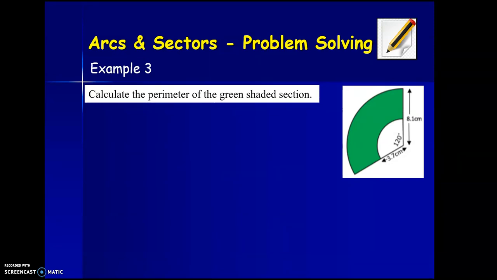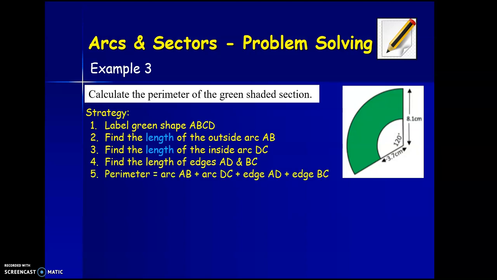Our last example, example 3, we have been asked to calculate the perimeter of the green shaded section. So remember, perimeter is the total distance around the outside of a shape, so we want to get the total length around the outside of this green section. So our strategy here would be, we're going to label the green shape ABCD at its vertices.